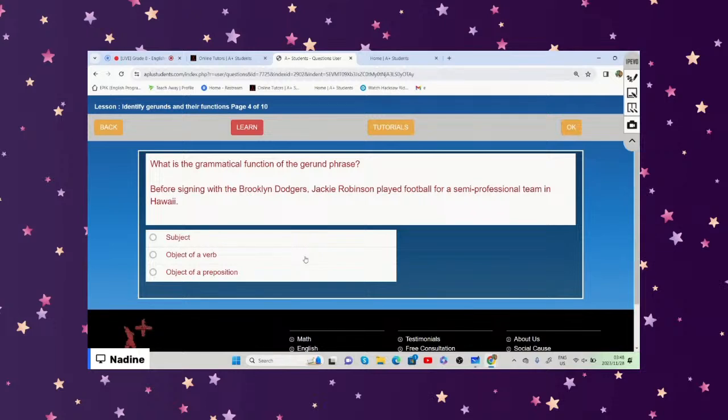So now, if we look at our previous answer on signing with the Brooklyn Dodgers, we need to say what is the grammatical function of the gerund phrase? Is it a subject, object of the verb, or object of a preposition?